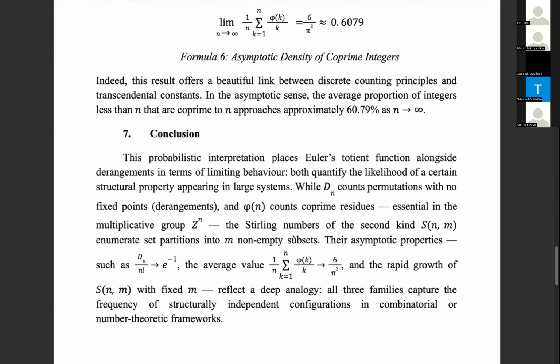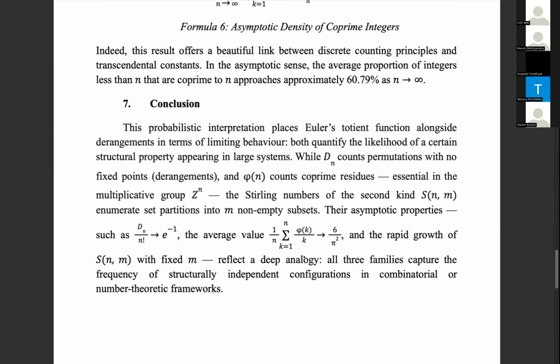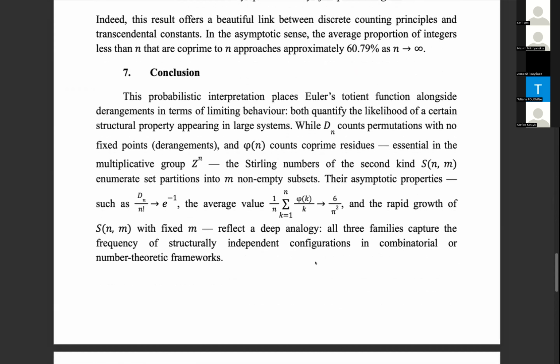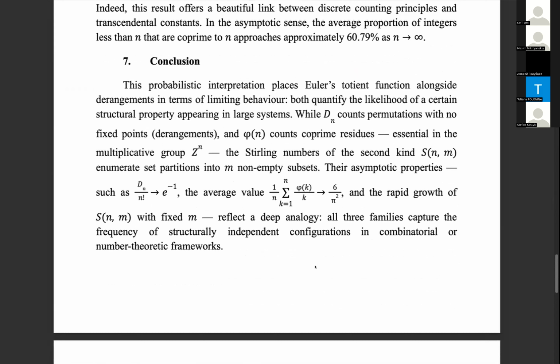In different contexts, these mathematical objects count how often a structure is maximally independent, and in doing so, they link discrete mathematics, number theory, and analysis. That's all. Thank you for your attention. I'd be happy to take any questions.